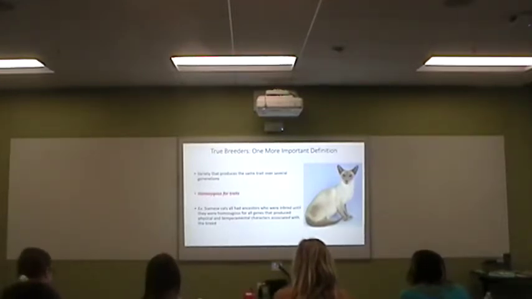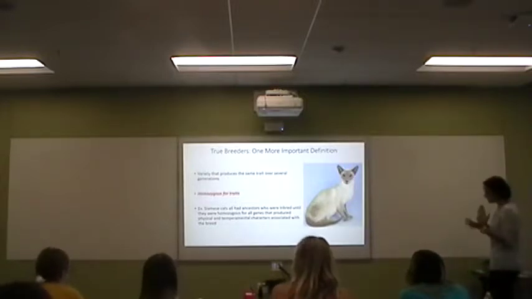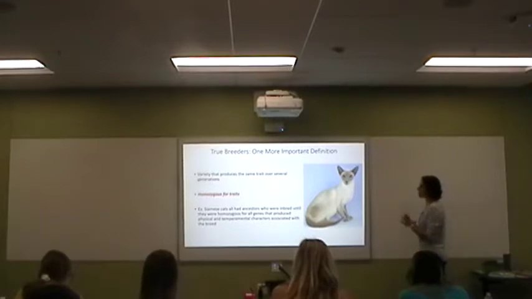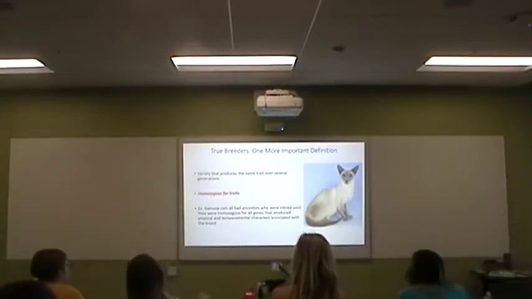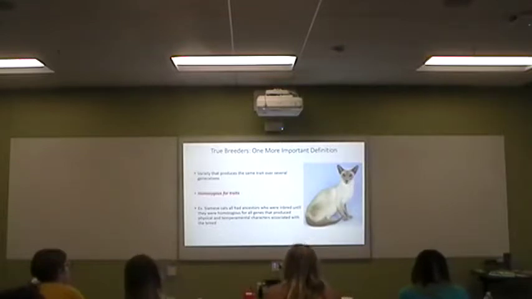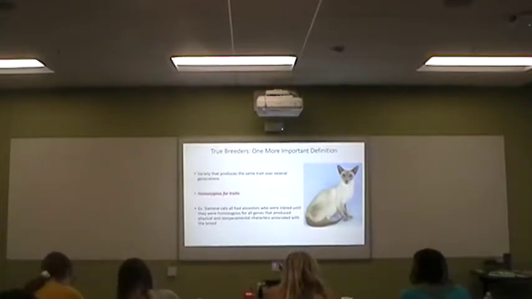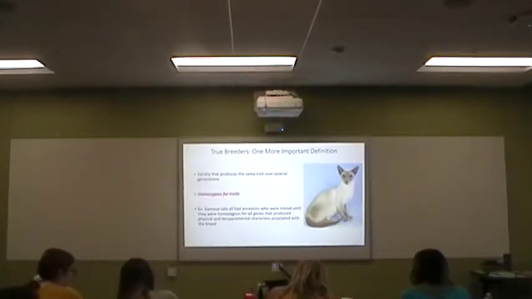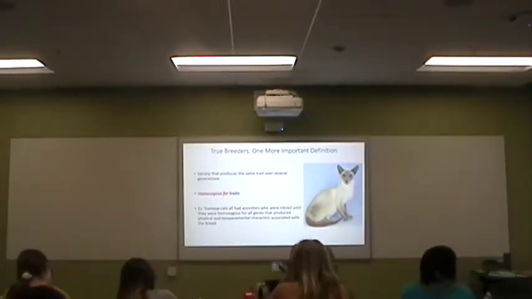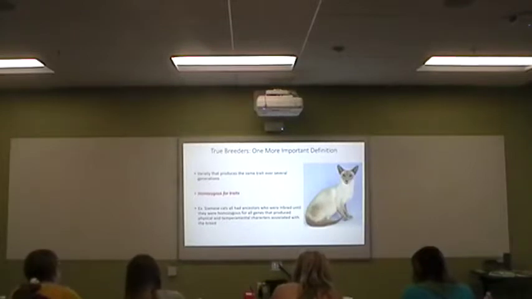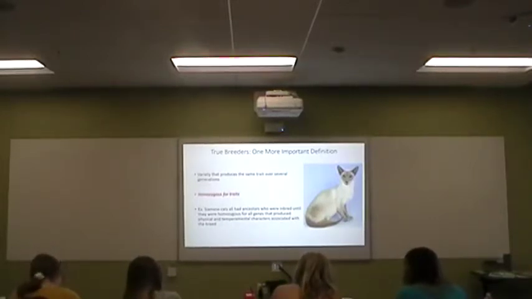We are going to talk a lot about true breeders in this chapter and in future chapters. So before we move on, I also wanted to define what a true breeding individual or a true breeding line or lineage is. It is an individual, or a family of individuals, that is homozygous for a particular trait.